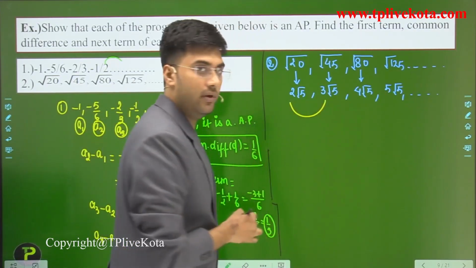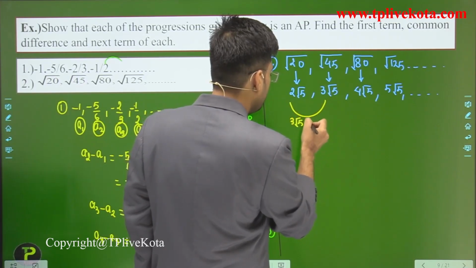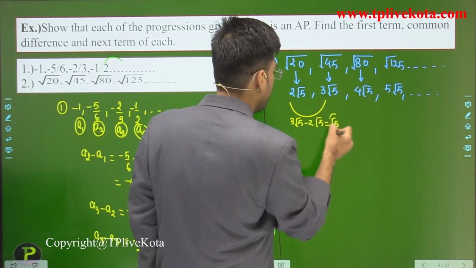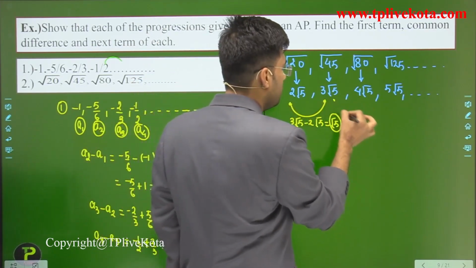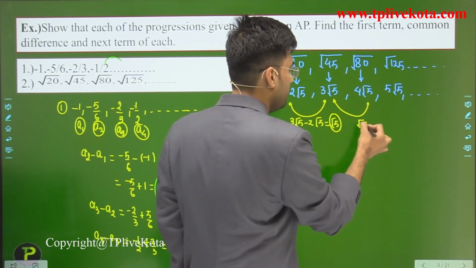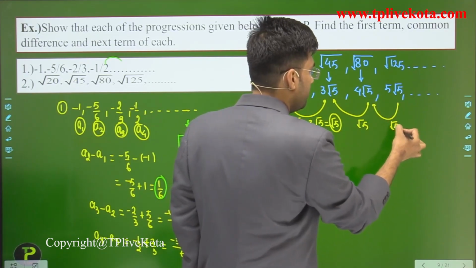Now students, let's find the difference. A2 minus A1, that is 3 root 5 minus 2 root 5, is equal to root 5. Clear? Similarly, the difference of these two, this minus this, is again root 5, and this is again root 5.